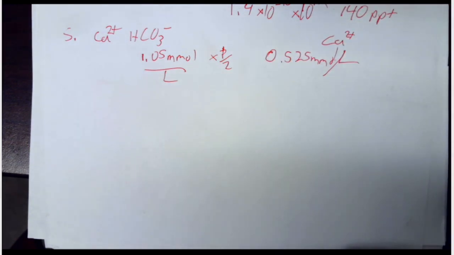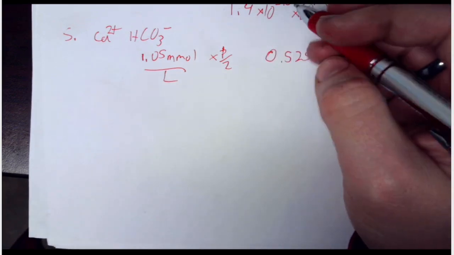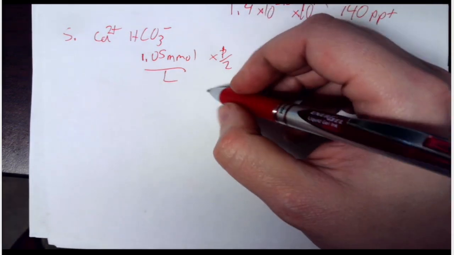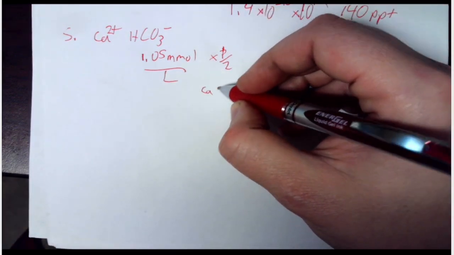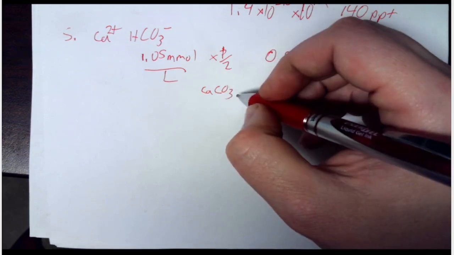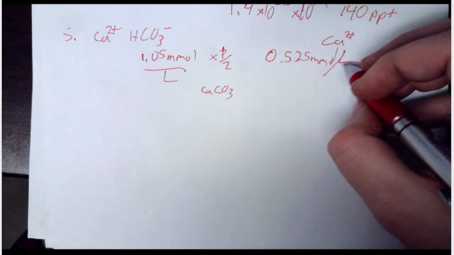Now, with that in mind, we're going to make another big assumption: that all the calcium will precipitate as carbonate. All the calcium will precipitate as carbonate.